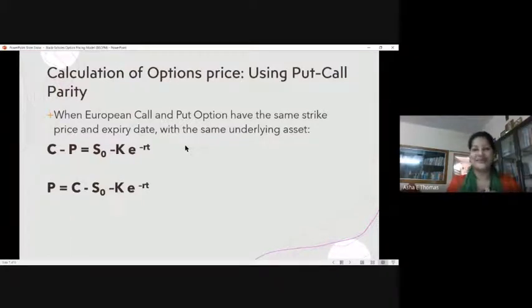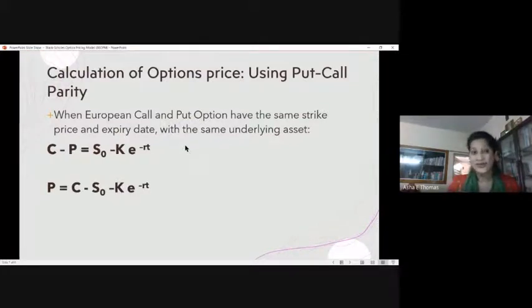Put call parity is a situation where your strike price, your expiry date, and your underlying asset remain the same for both put and call. If that is the condition, you just have to apply this formula. That's something we have to remember when we go with the calculation.